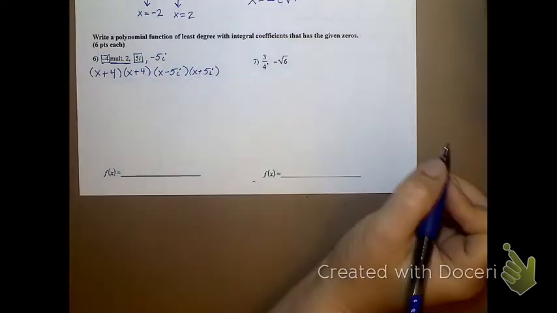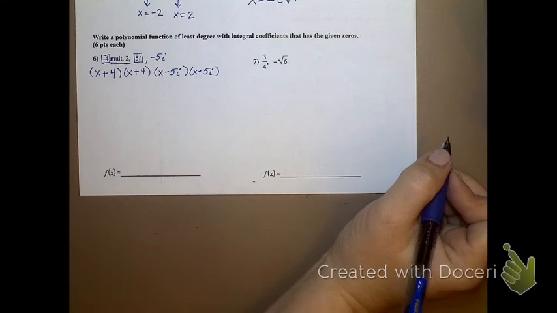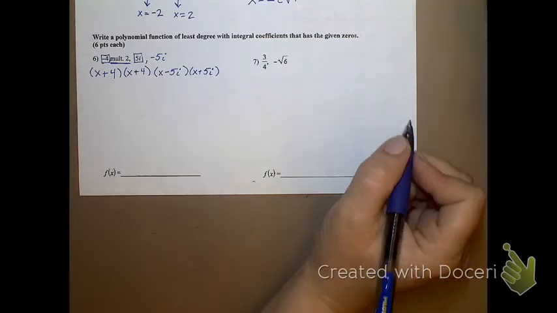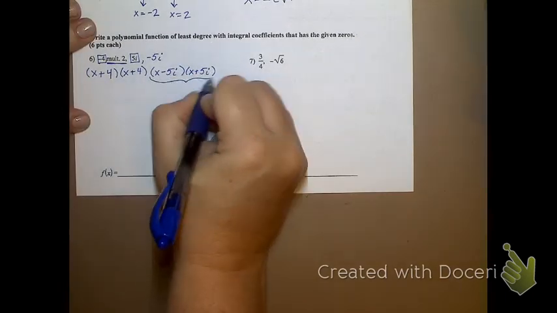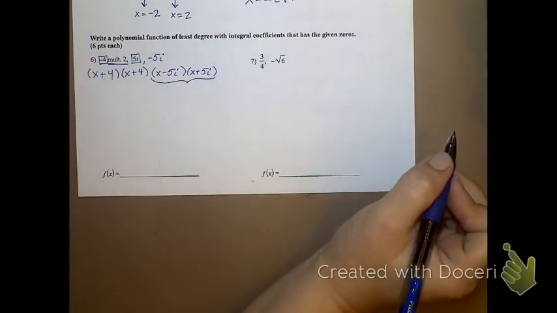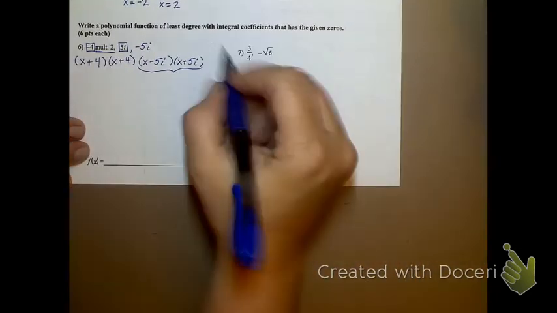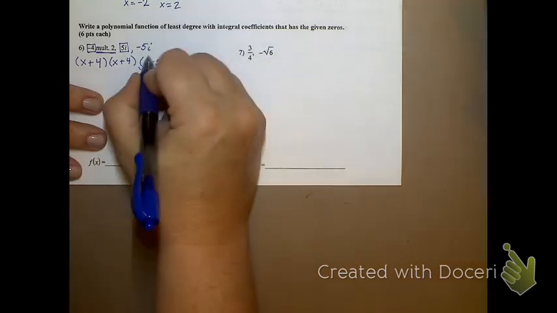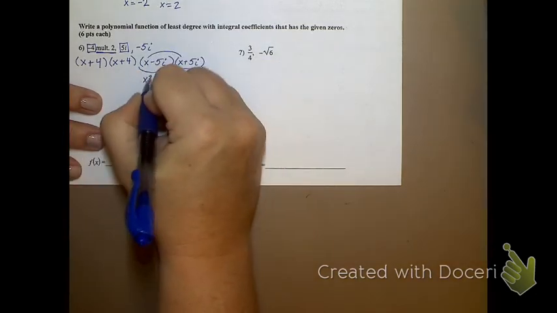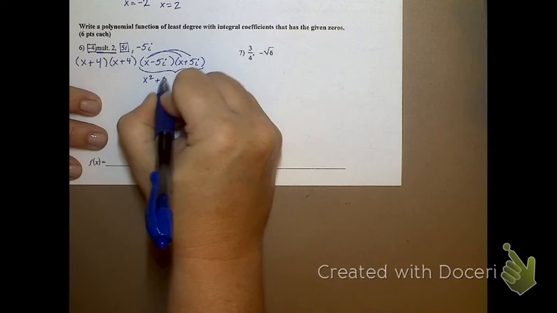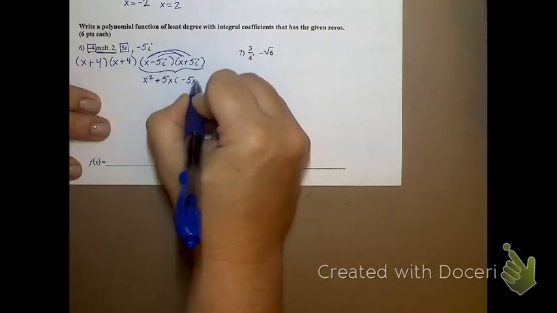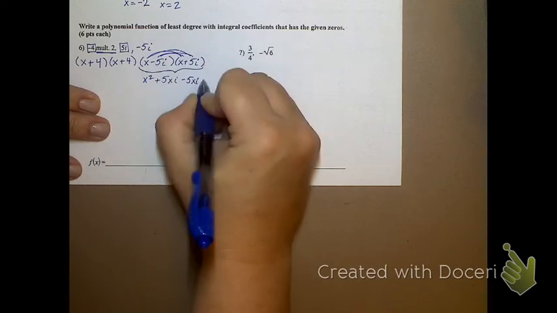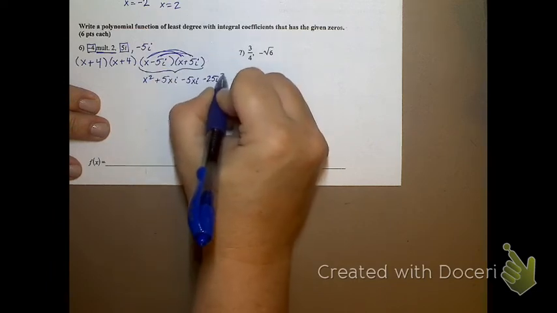All I have to do at this point is multiply. Easier said than done. All right. I am going to multiply the i's first. Why? Because the i's will disappear after I multiply them out. Always multiply those or your radicals first if you have radicals. So let's see. I have x squared plus 5xi minus 5xi minus 25i squared.